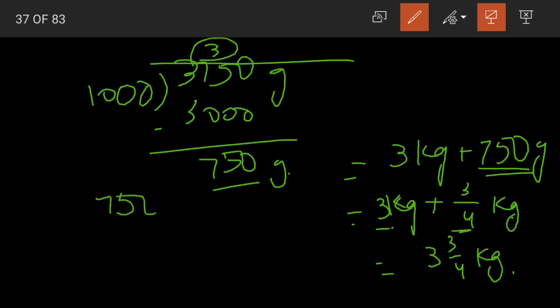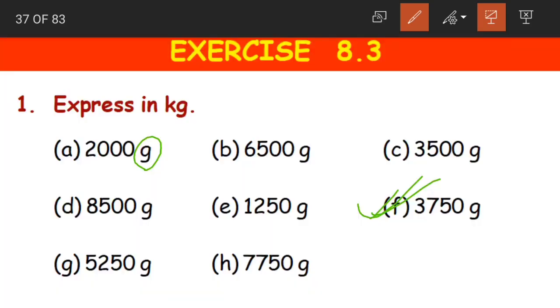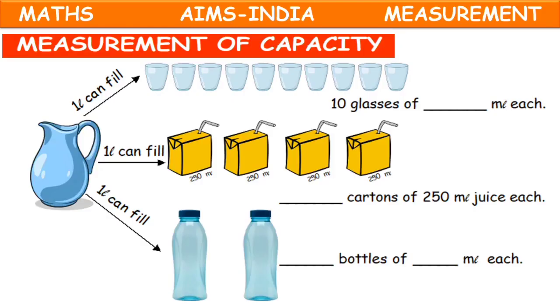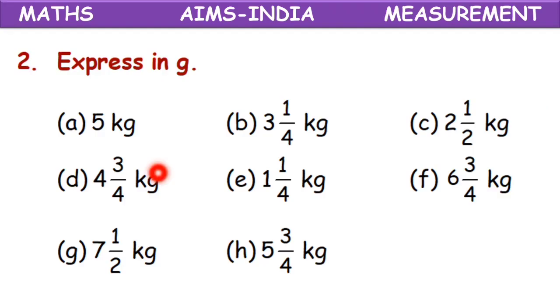See, 750 grams is nothing but 3 by 4 kilogram. So the final answer becomes 3 3 by 4 kilogram. Question F, it is 3 3 by 4 kilogram.